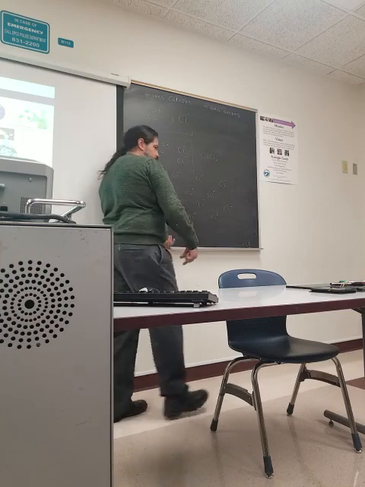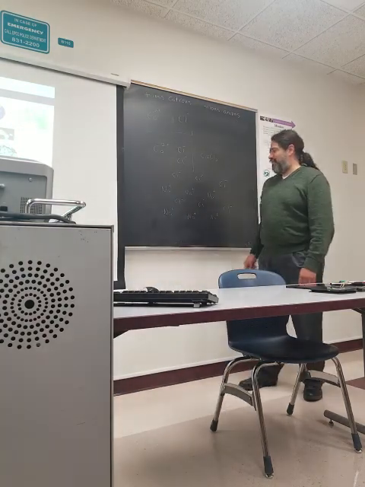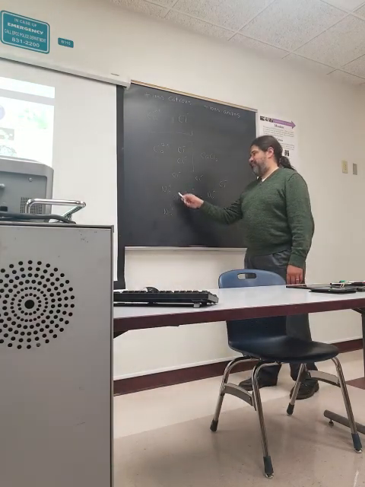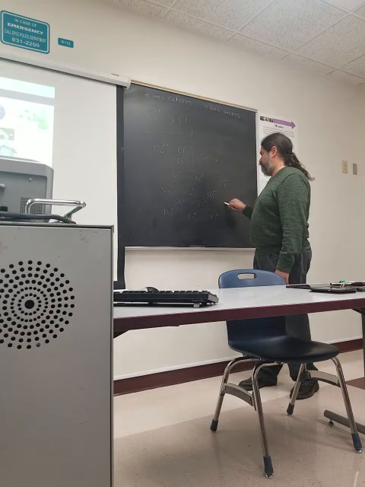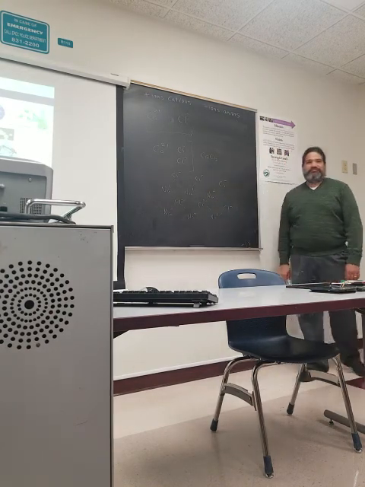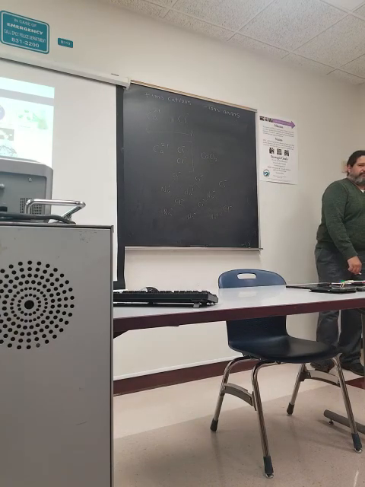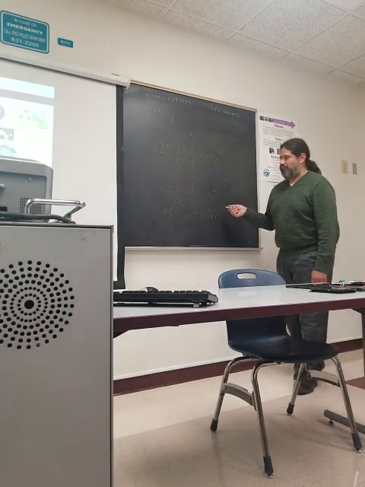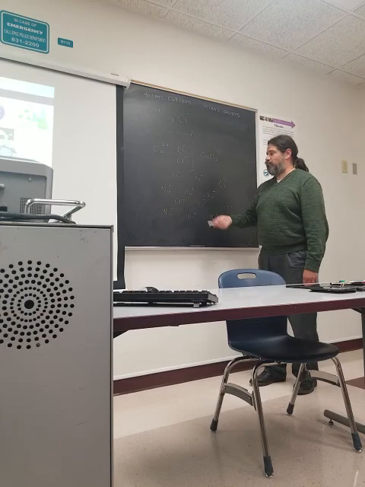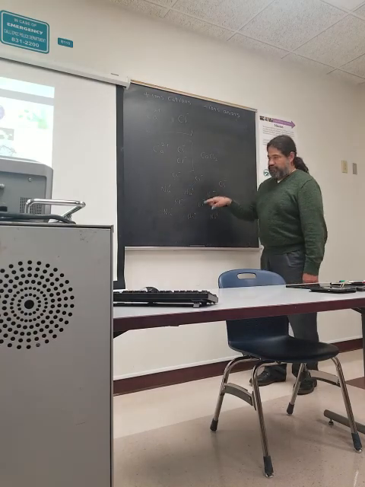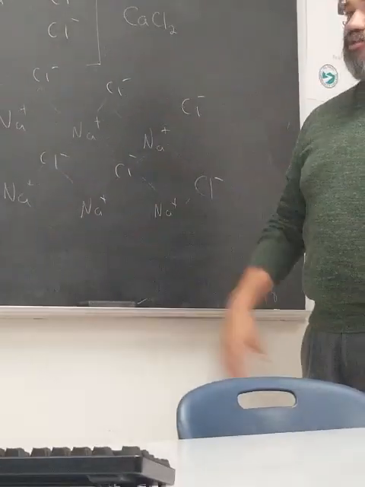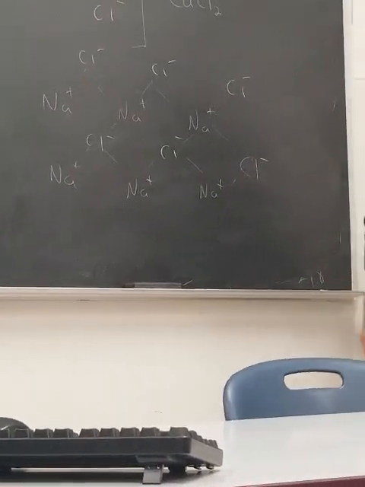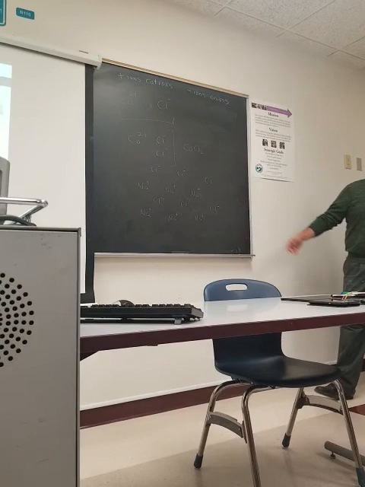Now overall it's a 1-to-1 ratio, but within the network, you have attractions between all. The real structure of those crystals is a network of positive and negative ions interchanged. But when you take accounting of all of them, it ends up being a 1-to-1 ratio for sodium chloride.